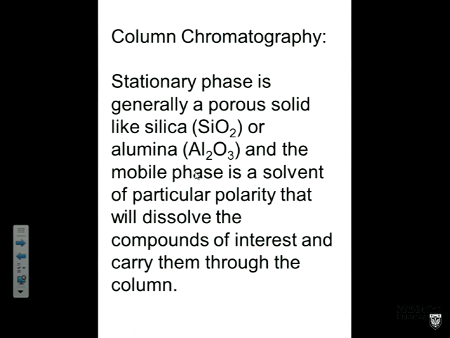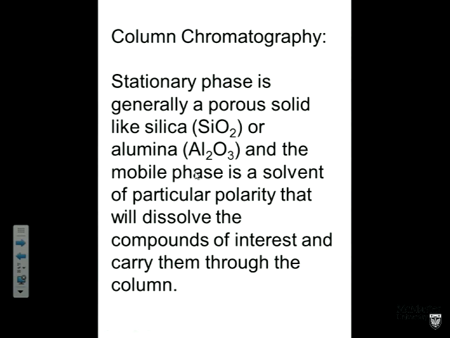So in choosing a mobile phase, we don't want a mobile phase in which our compound is insoluble. So we have to have something in which the compound is soluble, but we also need a reasonable polarity so that the compound can partition to a reasonable degree into the stationary phase.